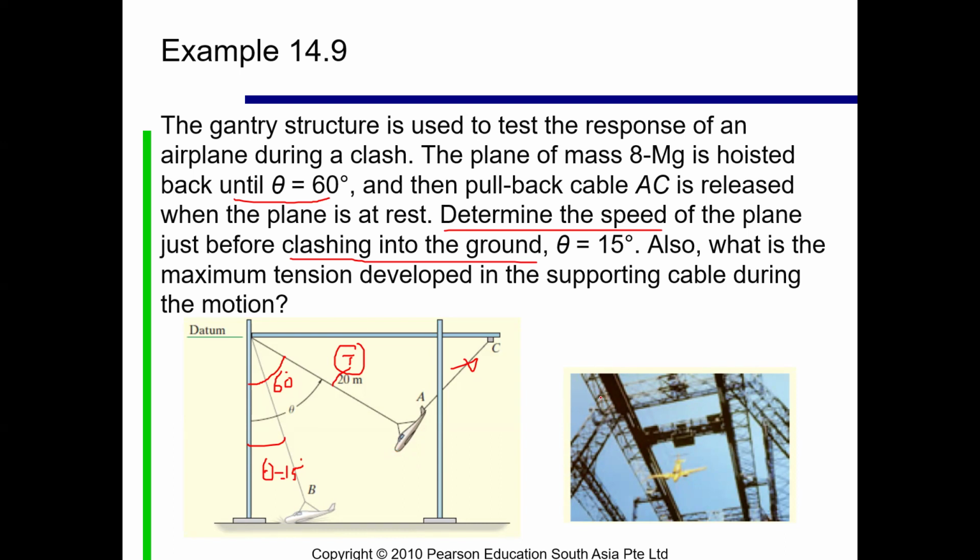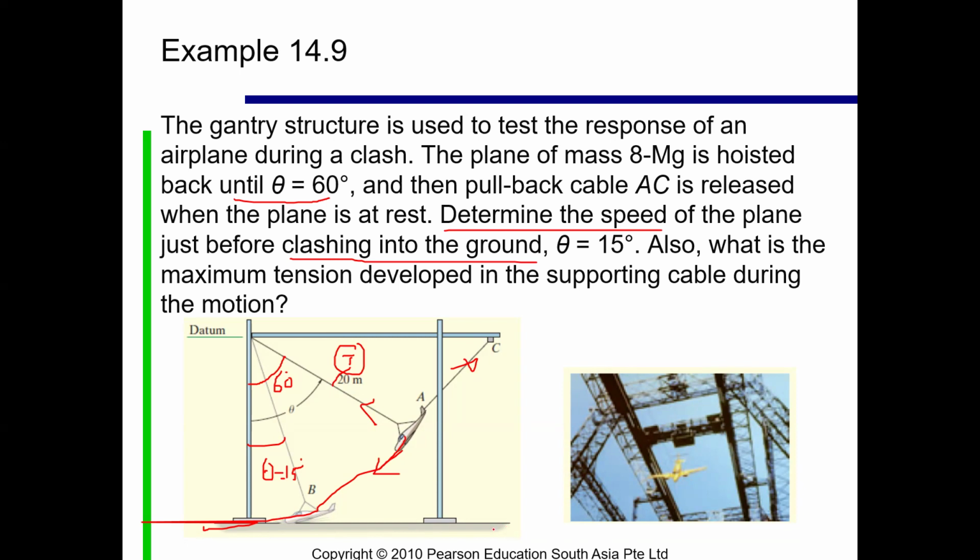It is easier for me to work with the tangential and normal coordinates for this problem, because this is a circular problem. So I can take this towards the normal axis and this is the tangential axis. If I solve the problem with these two coordinates, it will be easier.